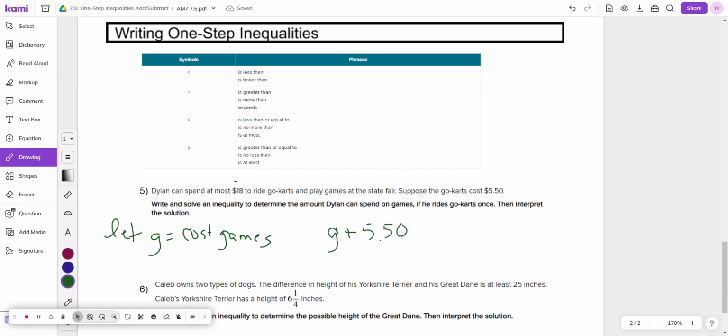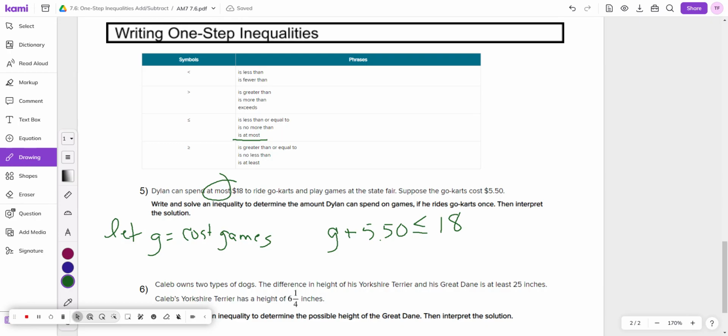And keep in mind he can spend at most. So I'm going to look up here for at most. There it is, at most. So that means I'm going to use less than or equal to $18. There's my inequality.